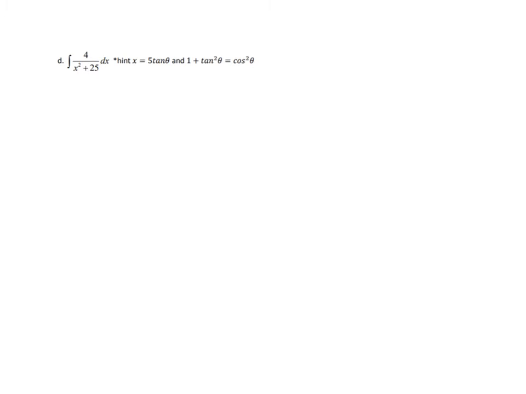Alright, now let's look at a tan substitution. I gave you this identity here, but this actually is not going to be the most helpful one. Sometimes in tan substitutions that's a really helpful one, but in this case we're going to make a couple other notes of some helpful ones.